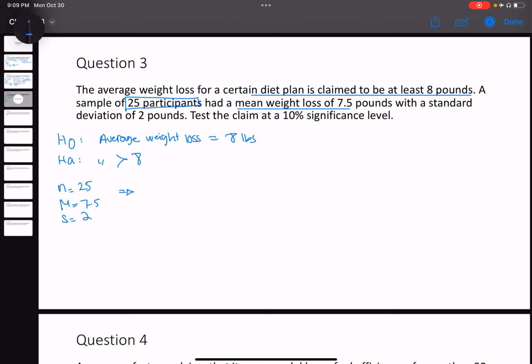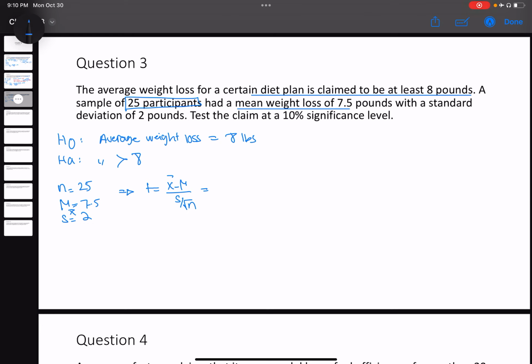Therefore, we are going to use the t-statistic. T equals x bar minus mu divided by S divided by square root n. Simply, we can plug in these values. By mu, I mean mu x bar. Sorry, I forgot to put the subscript on.